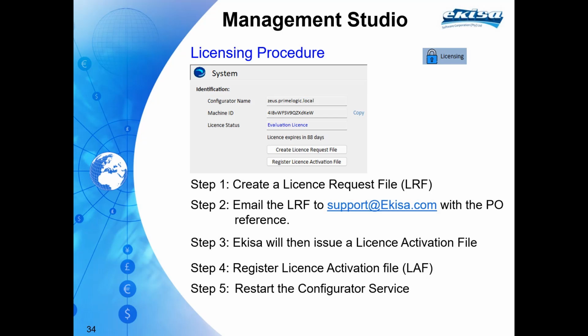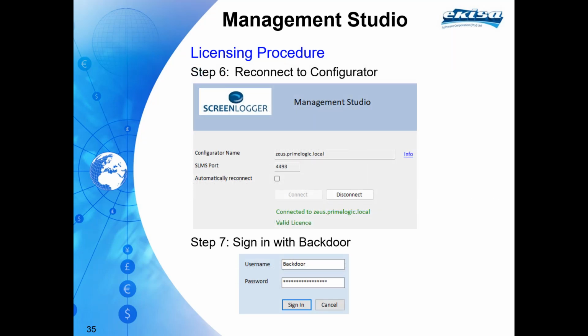Once the license activation file is received from Ekisa, click on Register License Activation File to import and register the new license features issued. The configurator service must then be restarted for the new licensing to take effect. After reconnecting Management Studio to the configurator, a new sign-in is required.